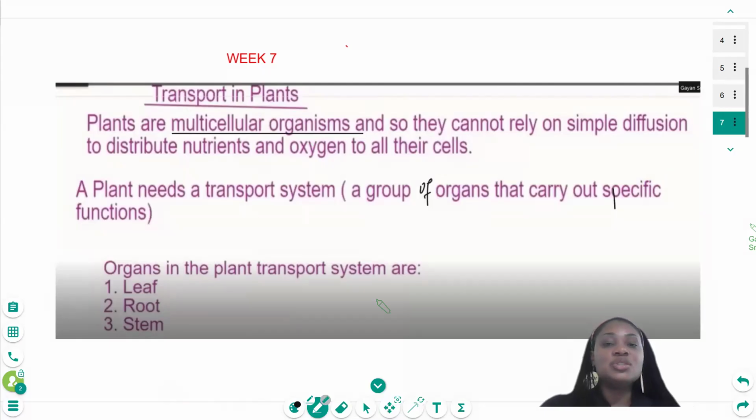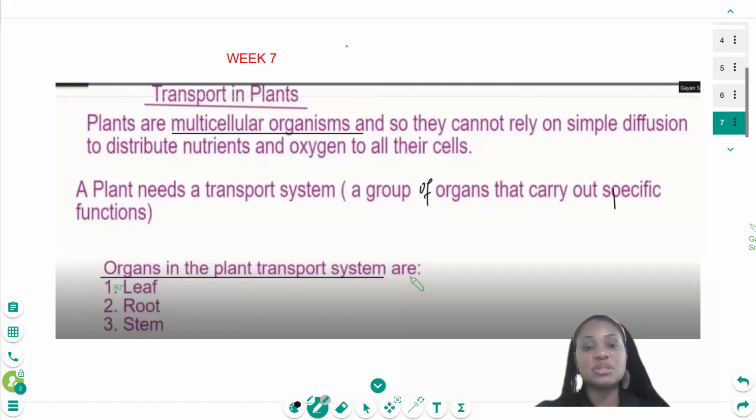So they do need a transport system to carry nutrients to all their cells, just like we as humans needed. In plants, though, the transport system is more simplified, and they need three organs in their transport system, which are the leaves, the roots, and the stem.